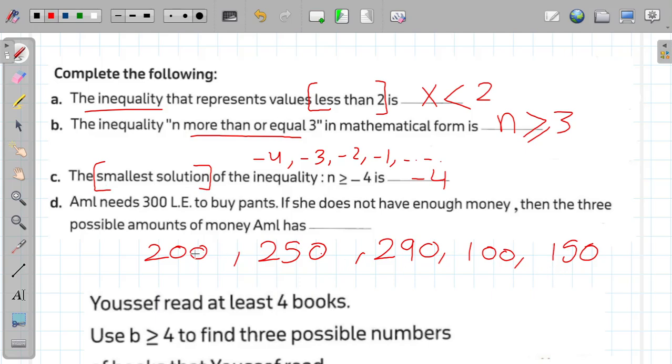Okay, so all of these numbers can be a solution for this situation, but I wanted to express that in an inequality. So which inequality can represent this situation? So I want numbers that are less than 300, but I don't need 300, so I will not use the equal sign here.